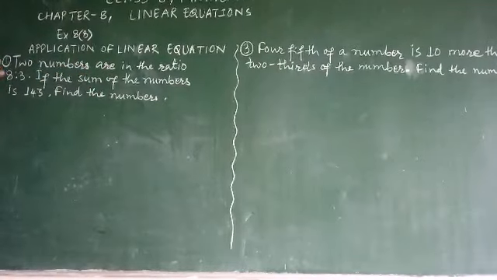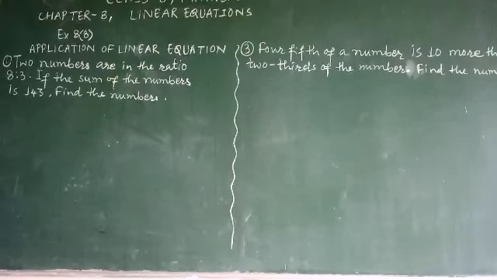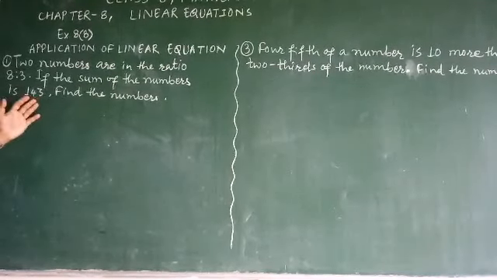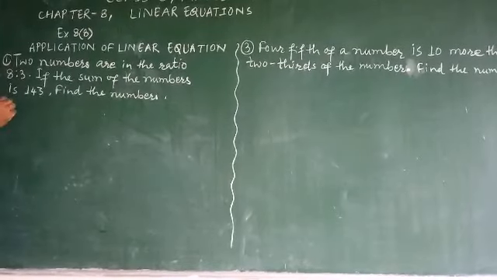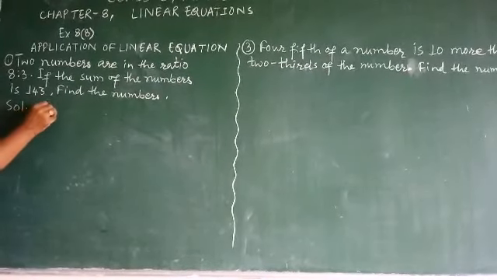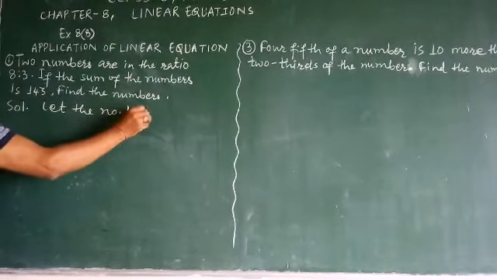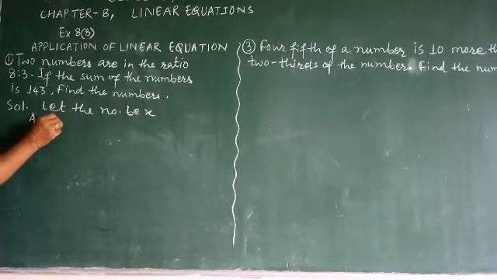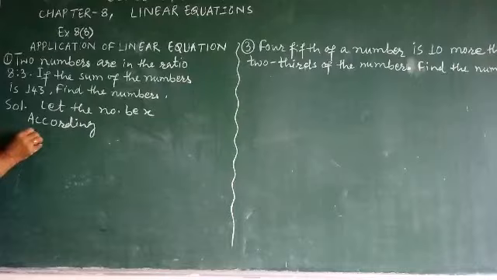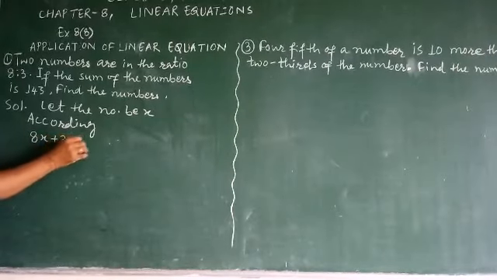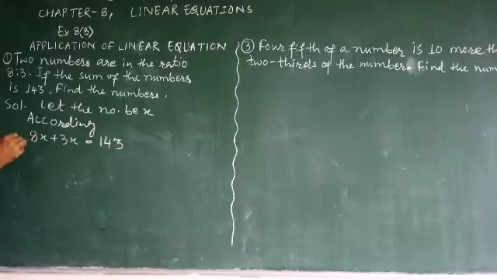That is question number 1. In the first question, two numbers are in the ratio 8:3. Their sum is also given, that is 143. We have to find the original numbers. So let the numbers be 8x and 3x, and their sum is equal to 143.